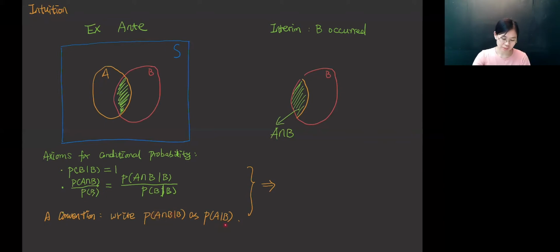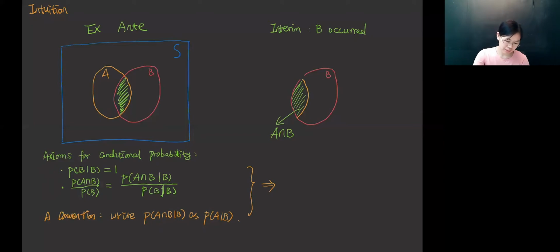So given that B occurs, A and B, these two sets really are not different in any meaningful way. So we can just treat these two notations as equivalent.